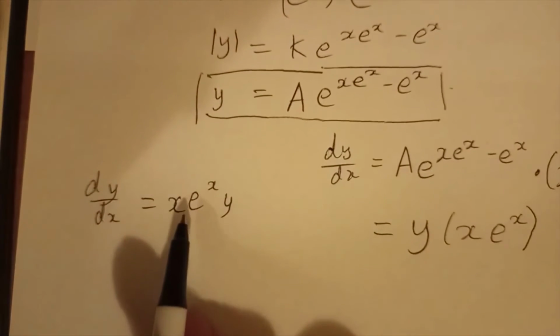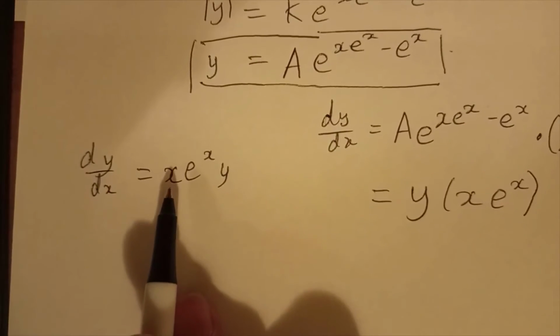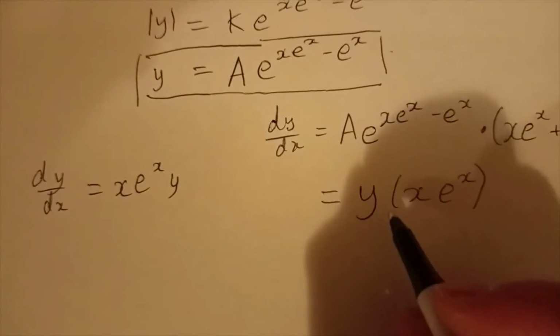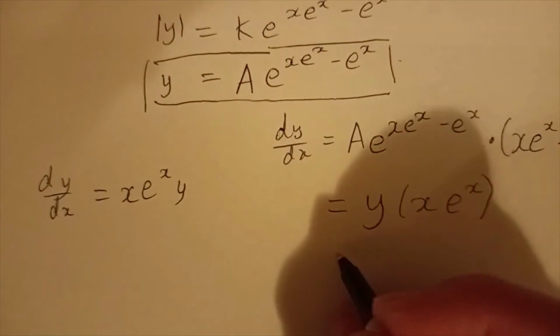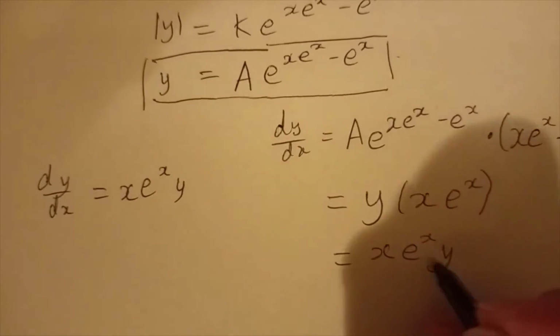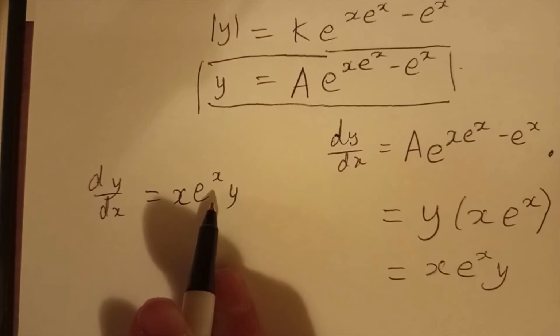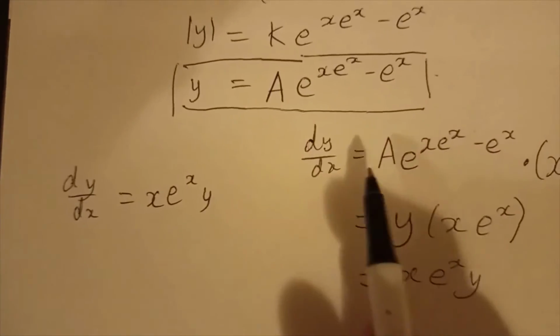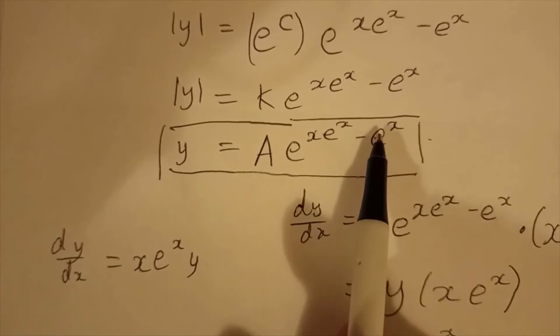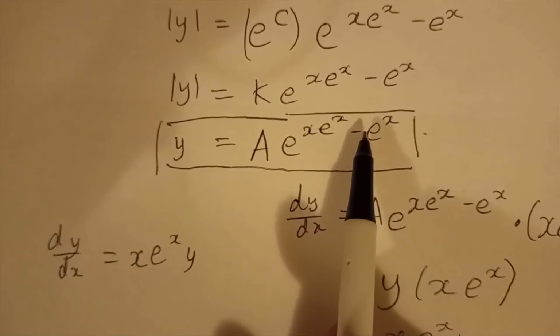Which, if we look back to our original differential equation, is just x times e to the power x times y, so they're the same. So dy dx equals x e to the power x y, which solves this differential equation. So we can see that this y is indeed a solution to the differential equation.